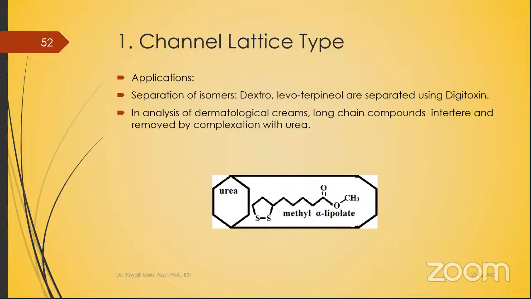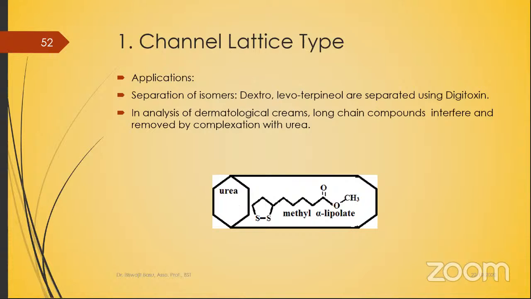See that this is one example. Here the shape of the crystal is needle shape, and we can also say hexagonal. It is a hexagonal channel complex formed by methyl alpha lipolate with urea. So in this case, is urea the host or the guest?